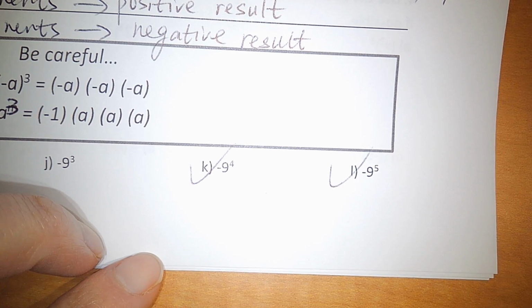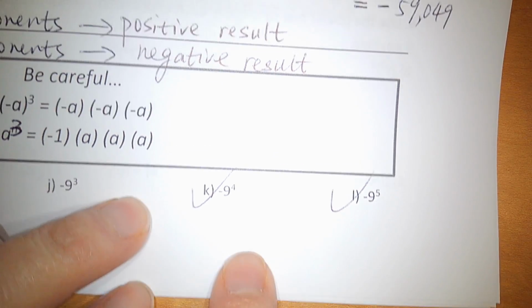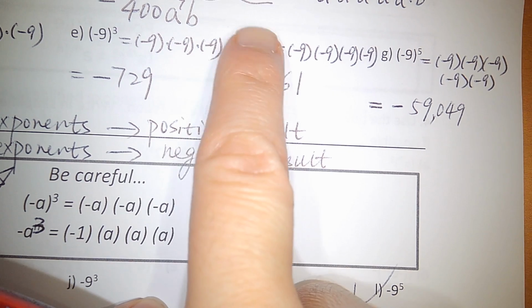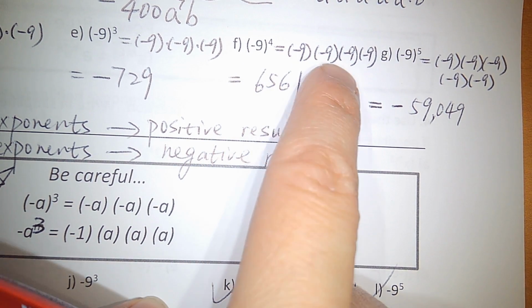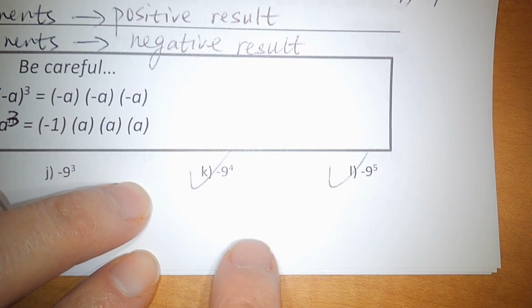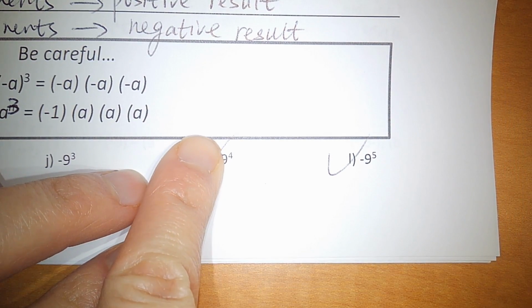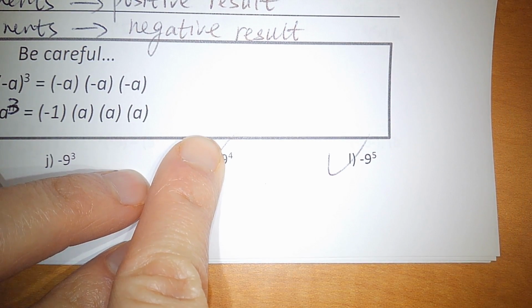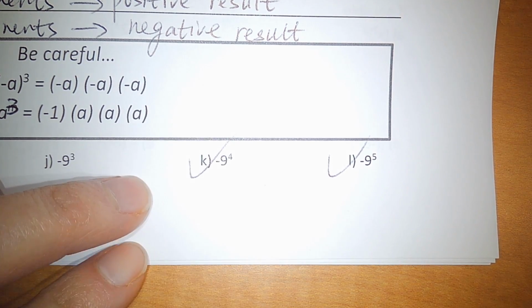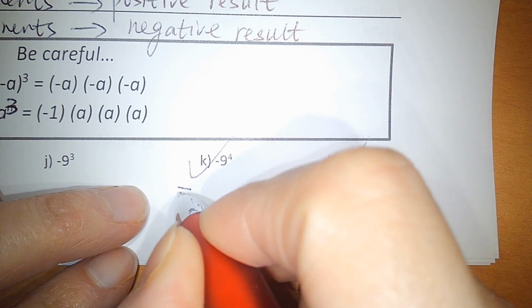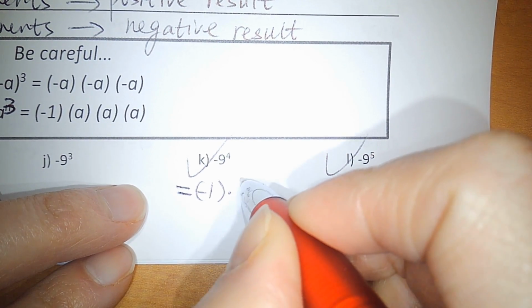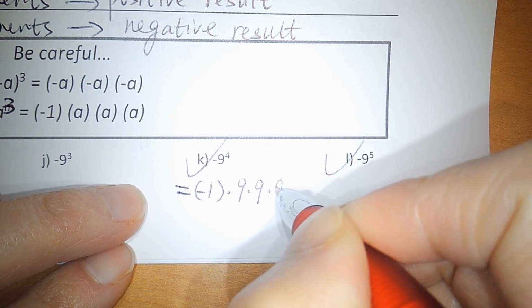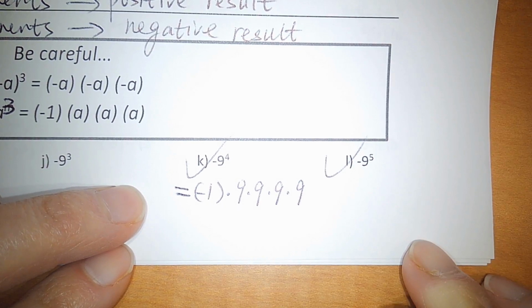Do we have parentheses for it? No, okay? So compare with negative 9 to the 4th power, where we multiplied negative 9 four times, right? However, for this one, we should multiply 9 four times, then multiply the result by negative 1. Do you see that? So it's going to be negative 1 times 9 times 9 times 9 times 9.